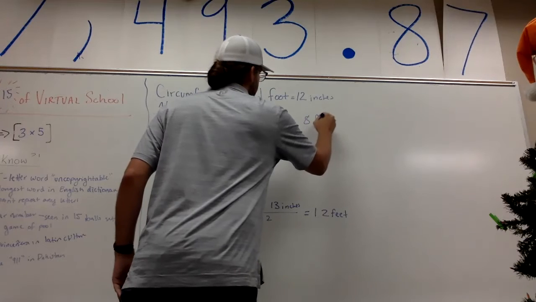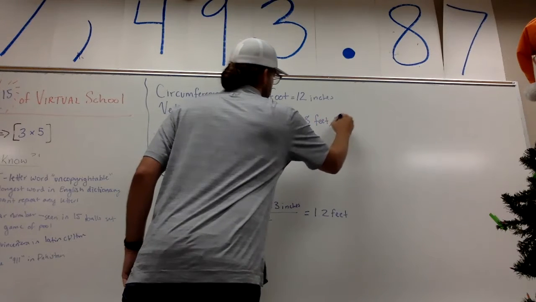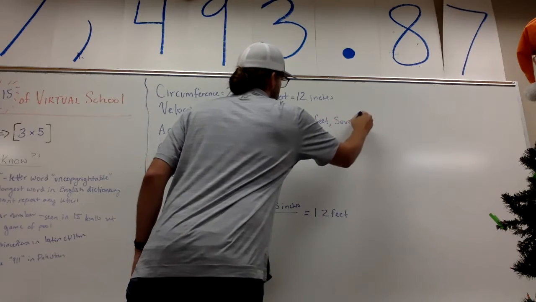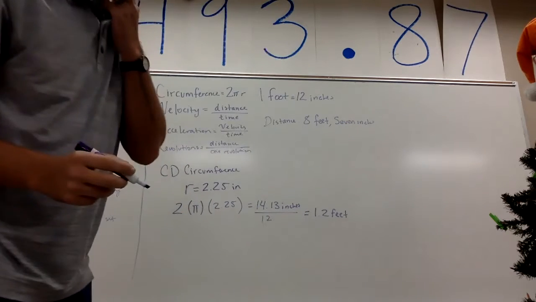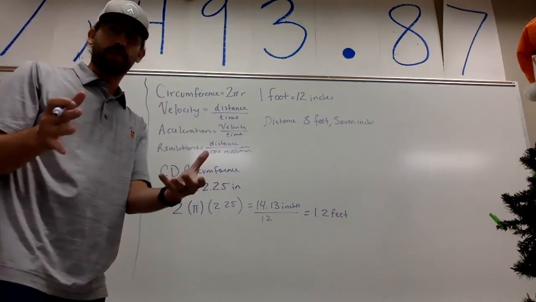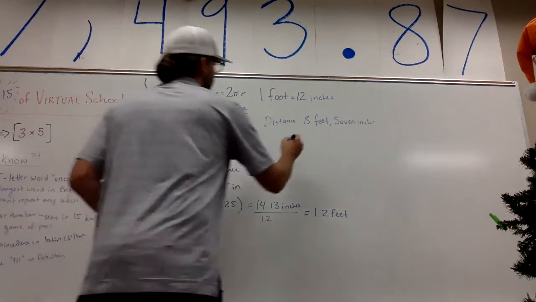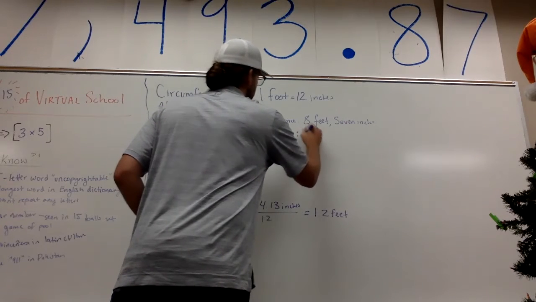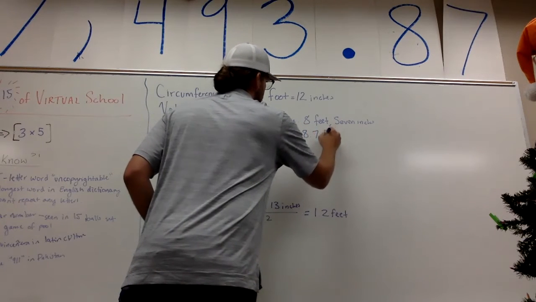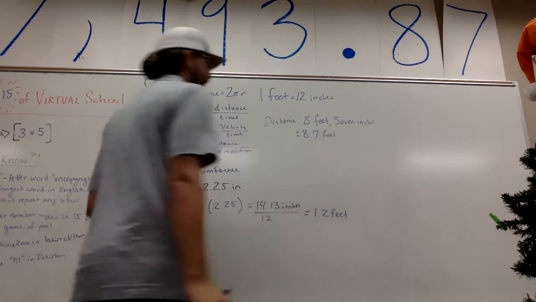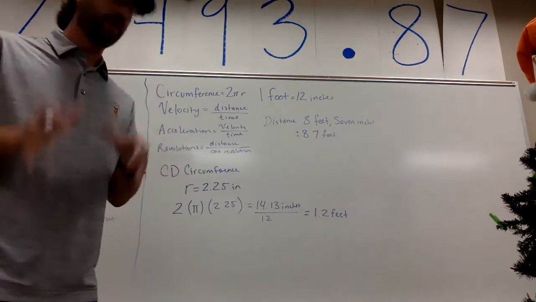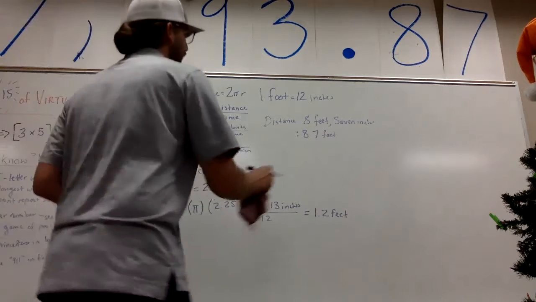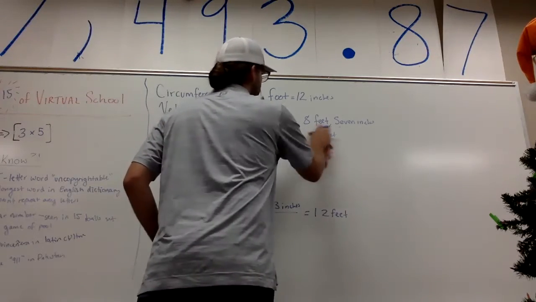What I've seen in some of your work is that the distance is 8.7 feet. No, don't do that. Do not do that. That is not correct. 8.7 feet, absolutely not.